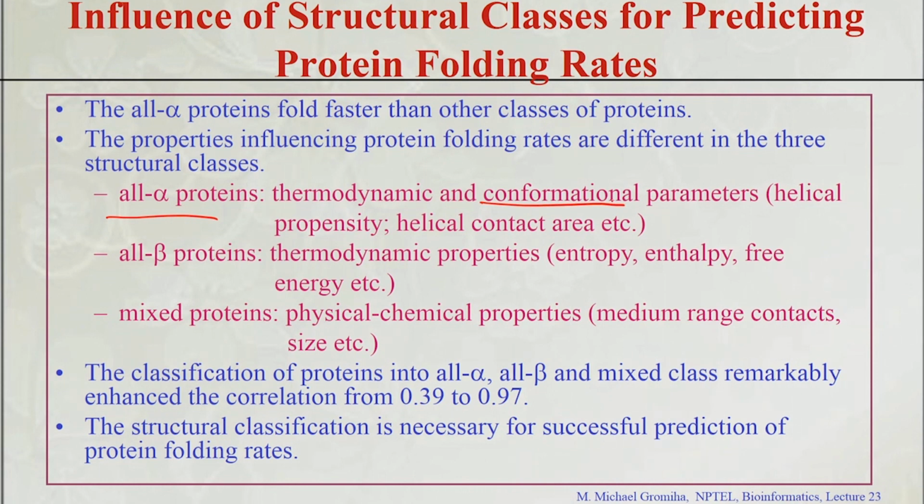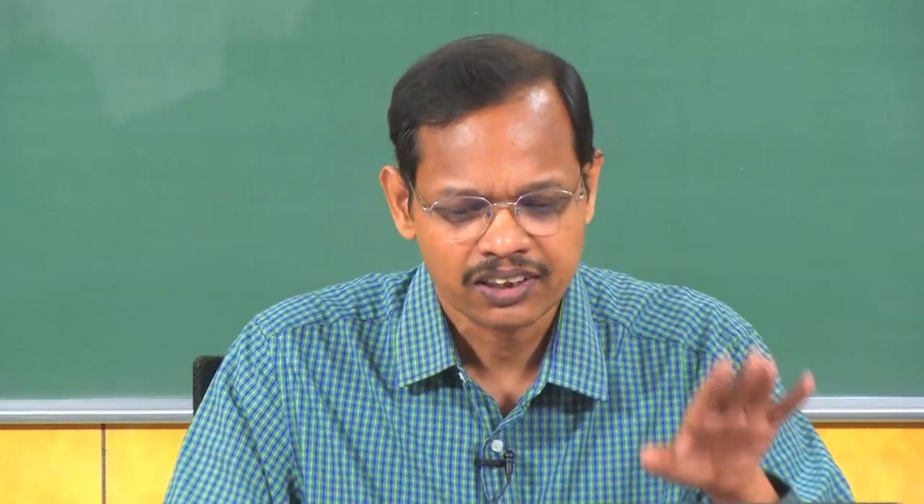For all beta proteins, mainly thermodynamic properties influence them. For the mixture proteins, some physical chemical properties play an important role. So if you classify the proteins into alpha, beta, and mixture class, then the correlation is enhanced very significantly compared to using all the data sets together.